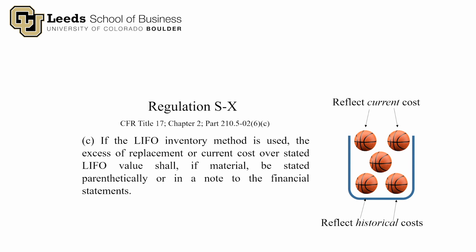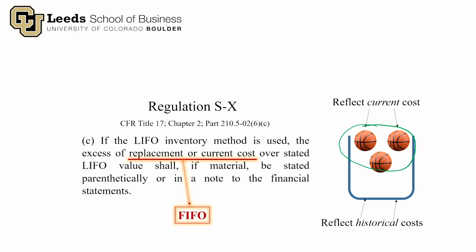I'm going to remove these historical cost basketballs, and now what I have left in ending inventory reflects the current cost to buy a basketball. That was first in, first out, FIFO, and what's left in ending inventory is the current costs. That's why when Regulation SX says you need to reconcile LIFO to replacement or current cost, what they mean is you need to reconcile LIFO to FIFO.